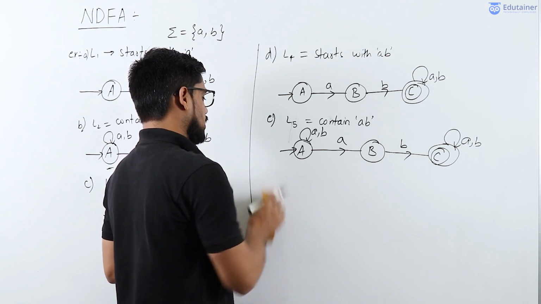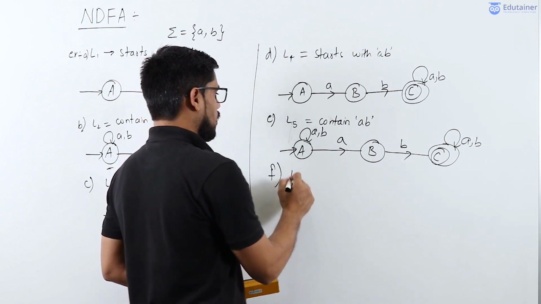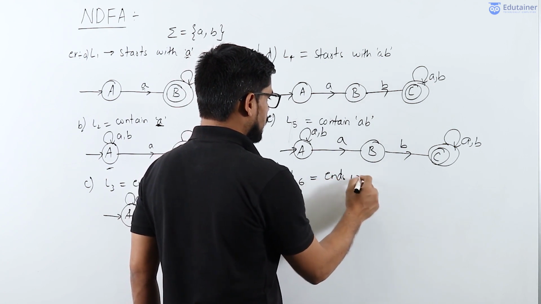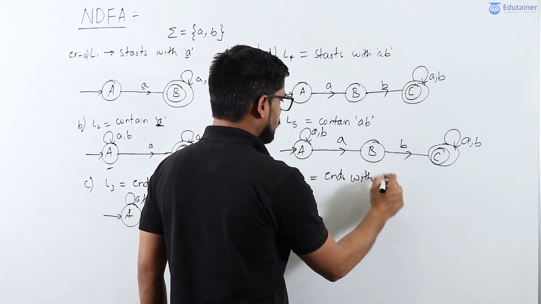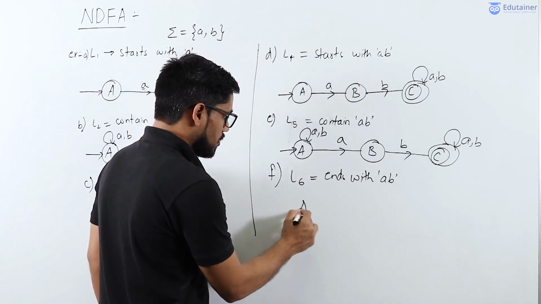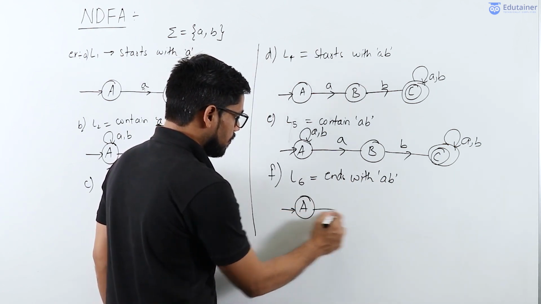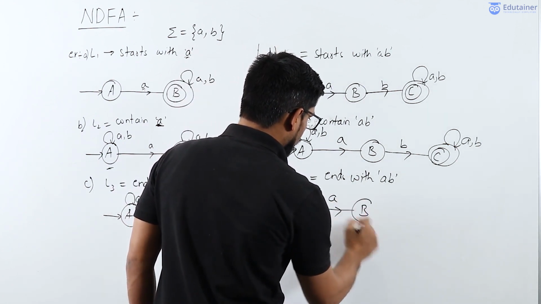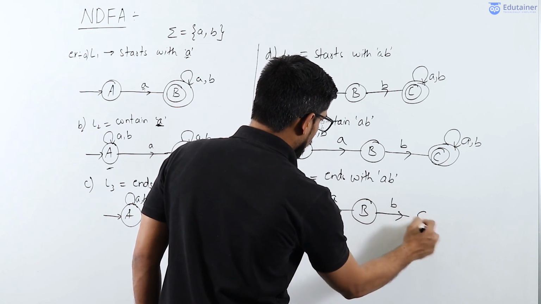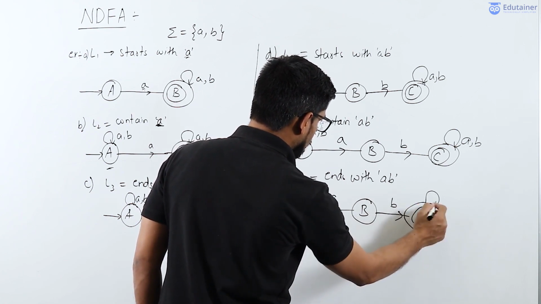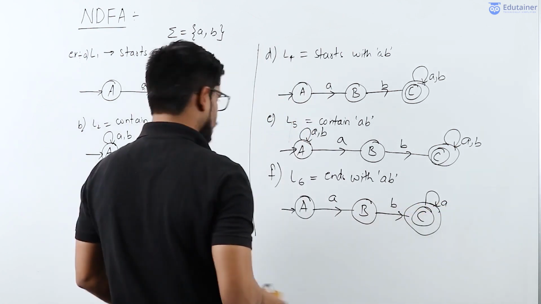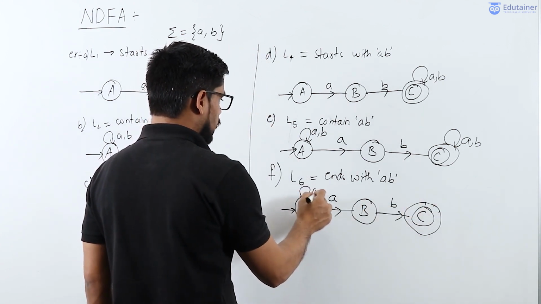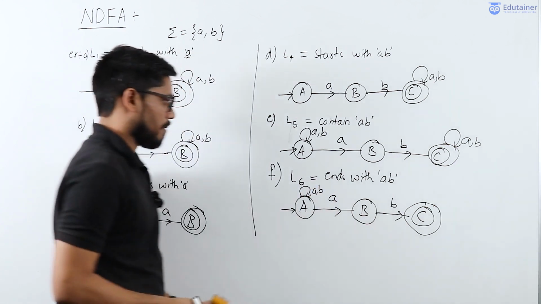Now the last one, let's say L6. L6 ends with AB. The transition diagram will look like this. Capital A, on small a, go to capital B. On small b, go to capital C. Capital C is the final state, and on the initial state you can accept any number of A's or any number of B's.